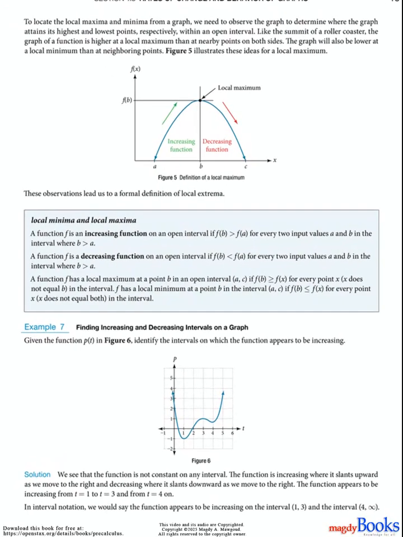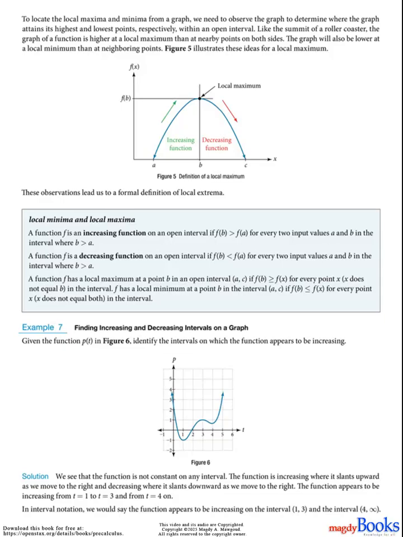To locate the local maxima and minima from a graph, we need to observe the graph to determine where the graph attains its highest and lowest points, respectively, within an open interval. Like the summit of a roller coaster, the graph of a function is higher at a local maximum than at nearby points on both sides. The graph will also be lower at a local minimum than at neighboring points.